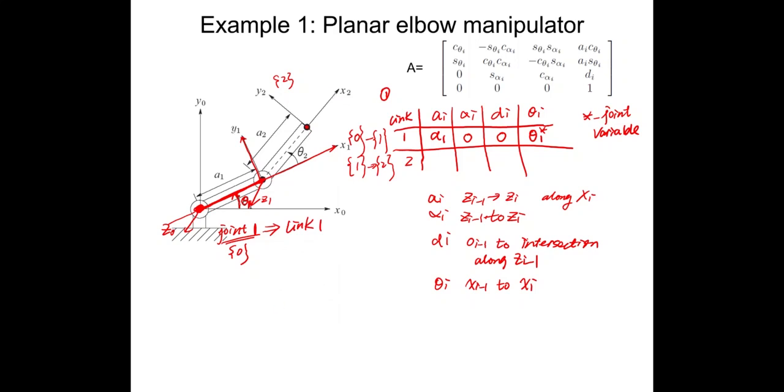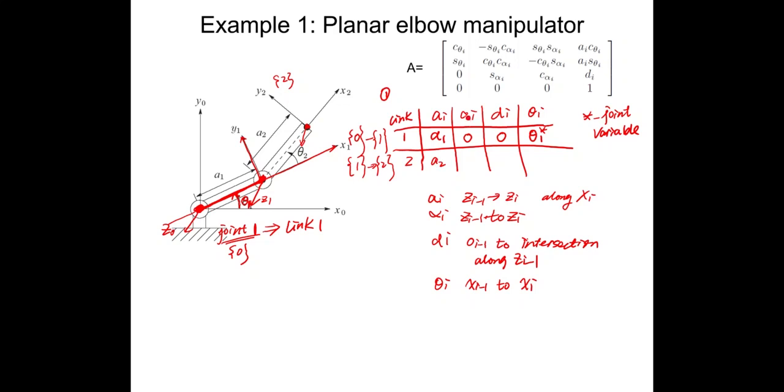But anyway, I can use the same method and definition to find these 4 parameters. a I is from Z(I-1) to Z I along the X I axis, so that means along the X2 axis, the distance between Z1 and Z2. Z2 is also pointing out of the paper. So this is the distance between Z1 and Z2, and that is a2.